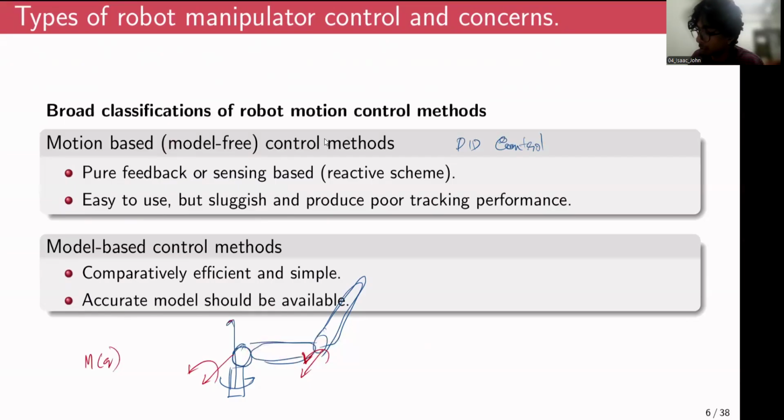The same goes for when the robot arm is fully folded. Due to lower inertia, initially the arm would move faster than we actually desire, so we would have to wait for the error to grow to perform the corrective action. That's why a pure motion-based controller would be sluggish.